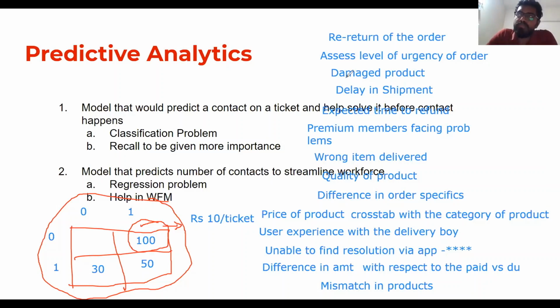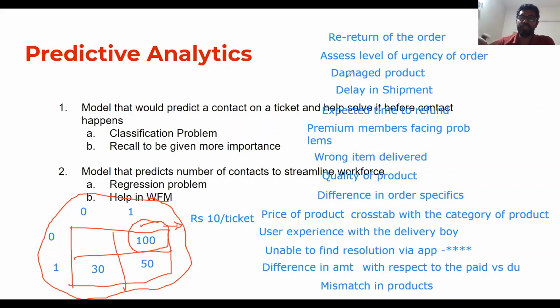let's say if I am able to predict that I am going to get 2,000 calls today, throughout the day, right? Now if I increase the workforce, I can probably finish off the tickets by the first half and reduce the number of calls which might come in the second half. So the workforce management will actually be towards that particular framework.